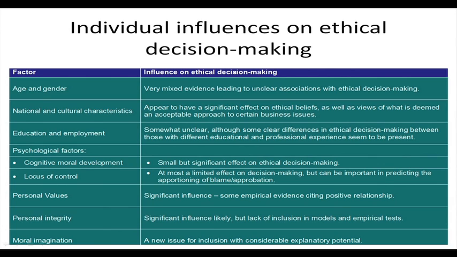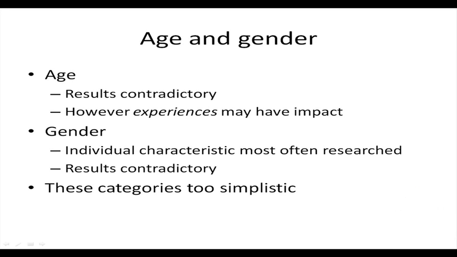What we find as the individual factors here are age and gender, national and cultural characteristics, education and employment, and also psychological factors like cognitive moral development, locus of control, personal values, personal integrity, and moral imagination. We will start with age and gender.